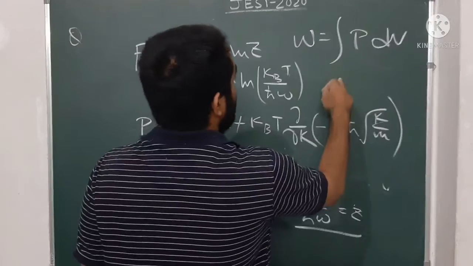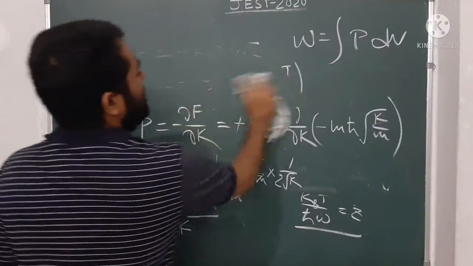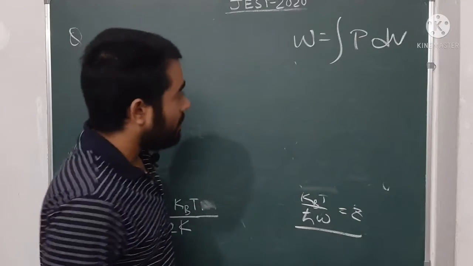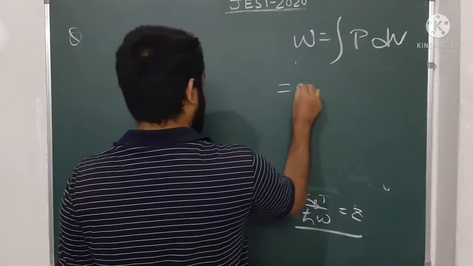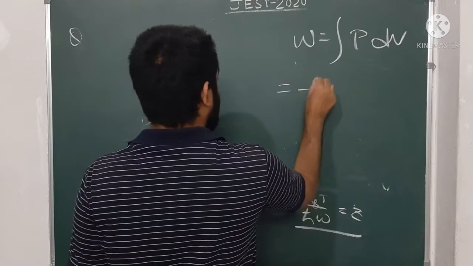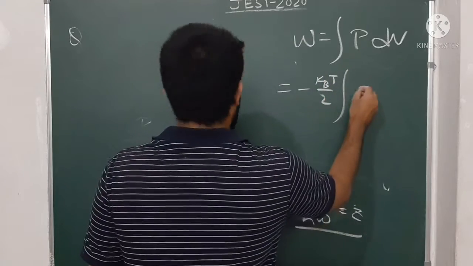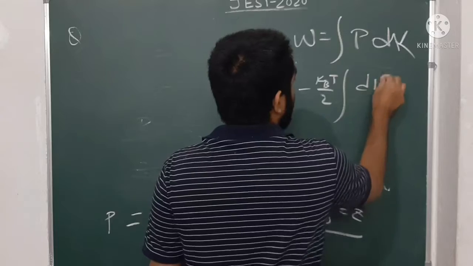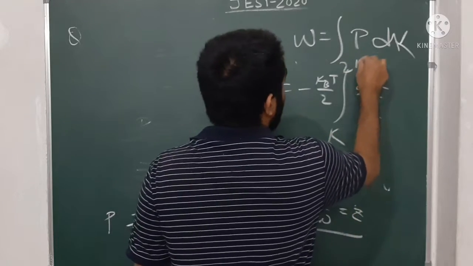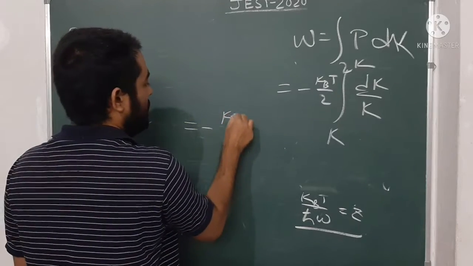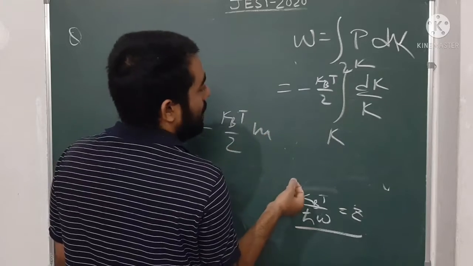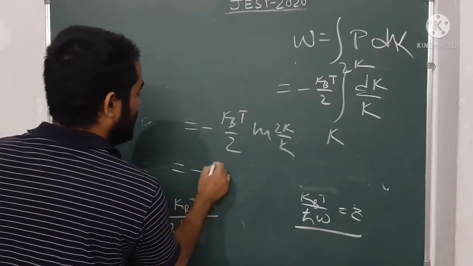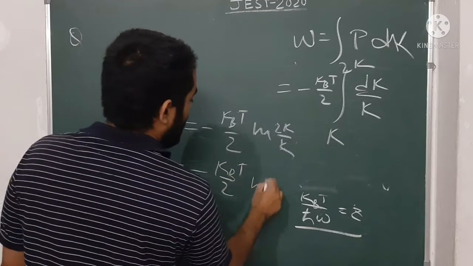So now we have to put this in here. So P is minus kBT by 2, which is constant, and here, sorry, we have used dk, so dk upon k, and this parameter will change from k to 2k, so minus kBT upon 2 ln 2k upon k, that means minus kBT upon 2 ln 2.